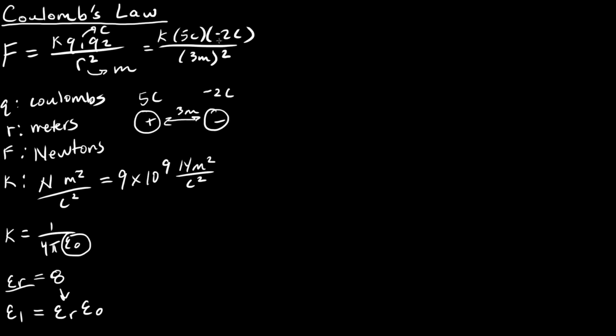I won't do the math, but you get the point. You just plug it in and you get a value. To tell whether these charges repel or attract, you just have to pay attention to the sign in front after you multiply it all out. Since these are all positive except for one negative here, there's going to be a negative sign in front. And that means these charges will attract each other since it's plus and minus.